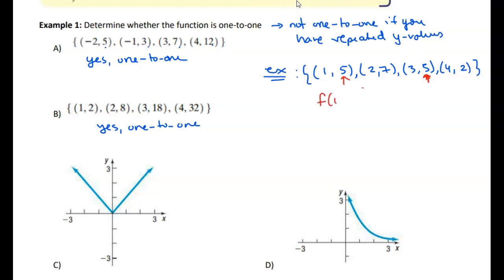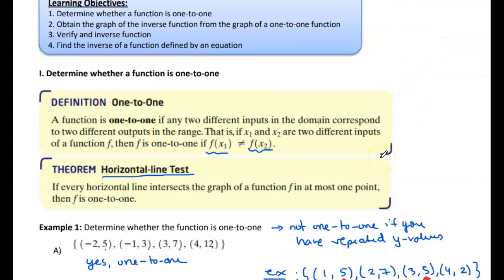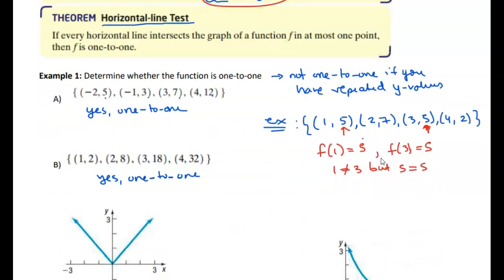That means f of 1 equals 5 and f of 3 equals 5. These two inputs are not equal to each other, but the y values are equal to each other, right? Then this basically breaks this condition, okay? Because it says if x1 and x2 are two different inputs, then the outputs need to be different, okay? And f of 1 here is equal to f of 3, so it breaks that condition, so this is not one-to-one.